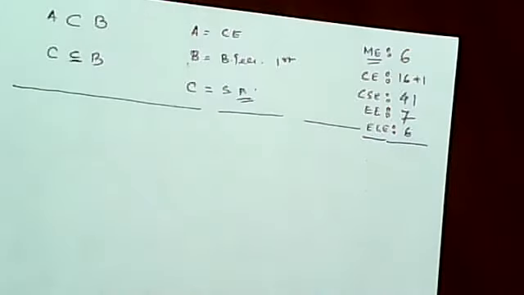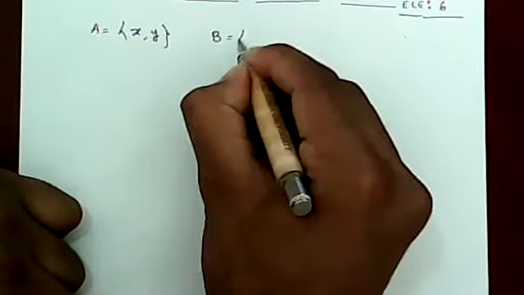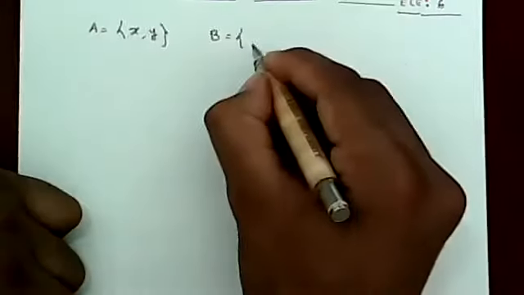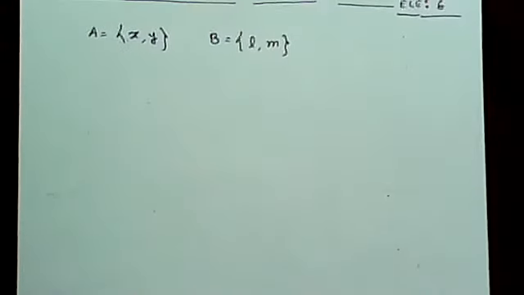Now let's give some examples of a relation. Let me assume again the previous example. Let we have a set A, which is the set of all girls. This set contains two elements, X and Y, only two girls. And let we have one more set B, which contains two elements, L and M. This is the set of boys.